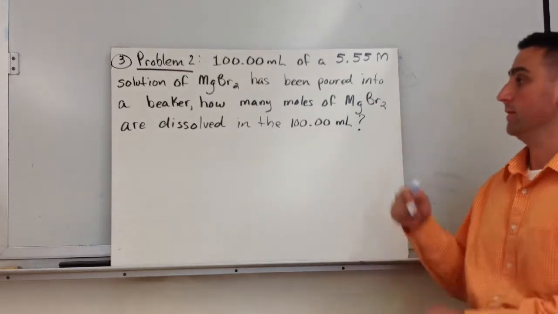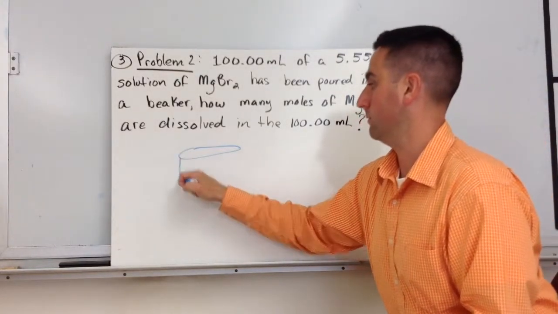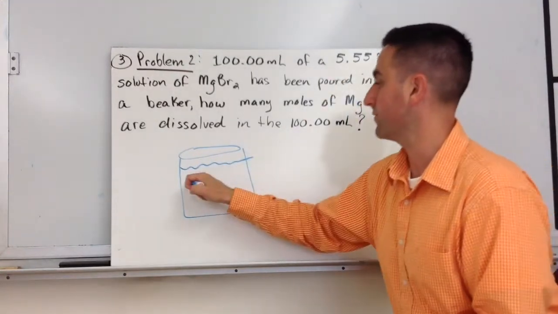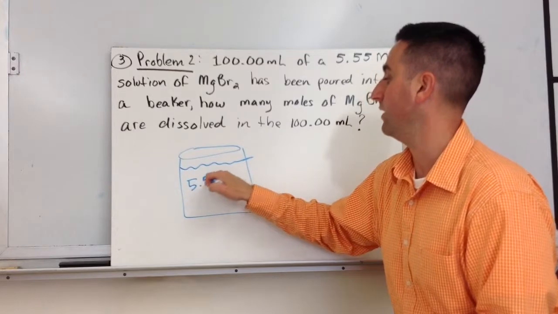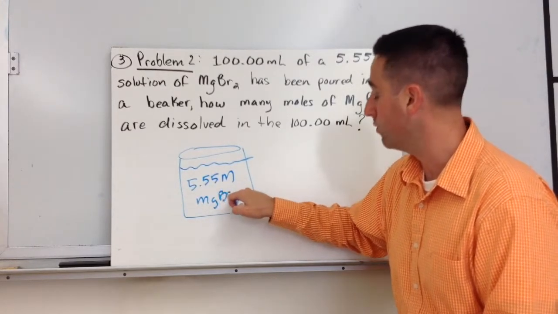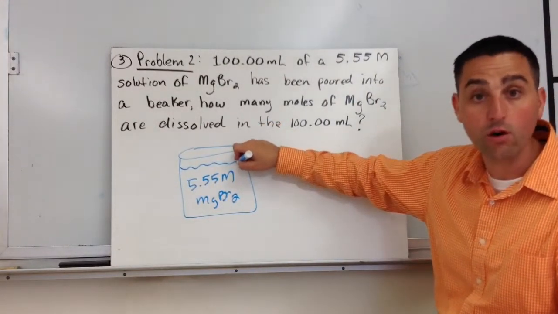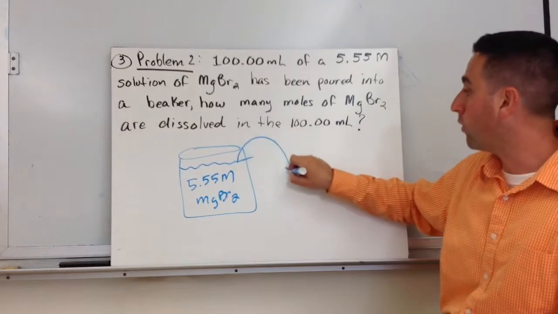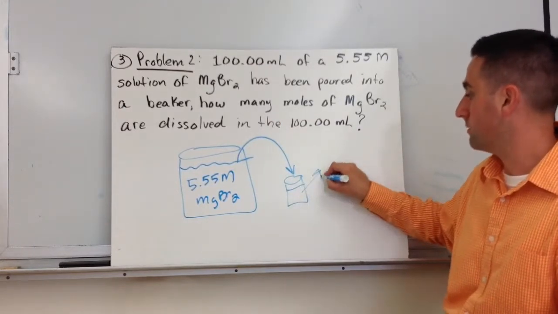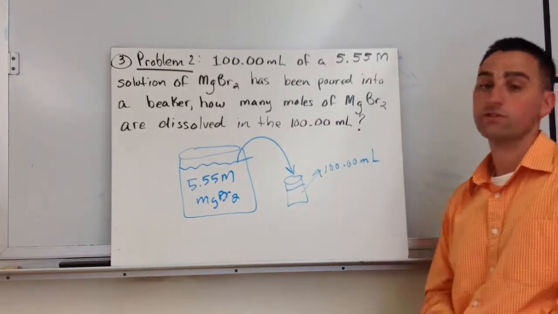So in other words, we have our solution, which has a concentration of 5.55 molar MgBr2, and from this stock solution, our original, we're going to pour out in a separate beaker 100 milliliters of this solution.